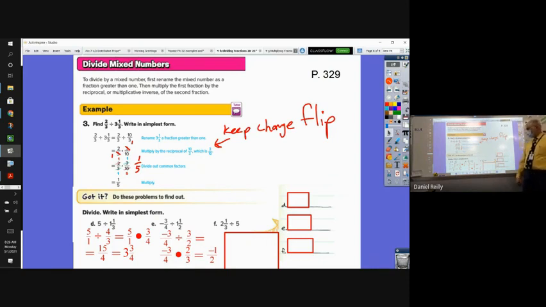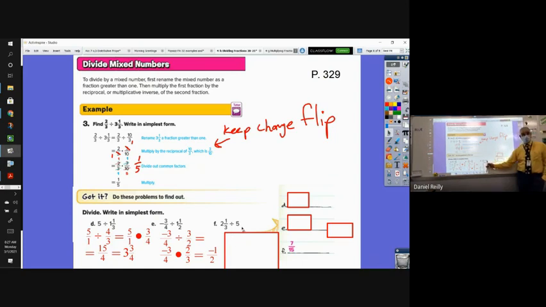Letter F, 2 1/3 divided by 5. The final answer? Okay, what is it? 2 and 1/15. Close. All right, so convert 2 1/3 to an improper fraction, that's 7/3.